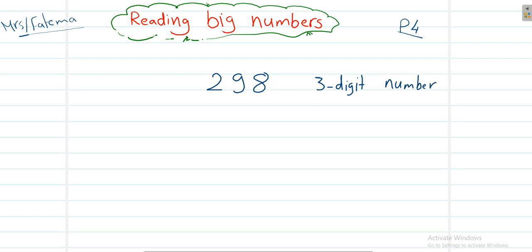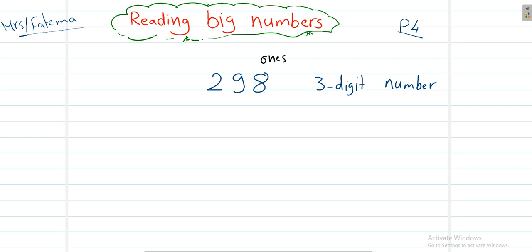Before I read this number, I have to know first the place value and the value of each number. Okay, let's start here from the first one. The 8 here is in the ones.